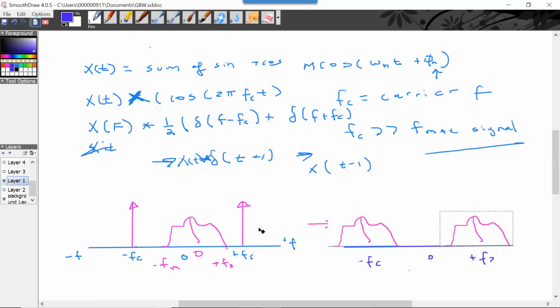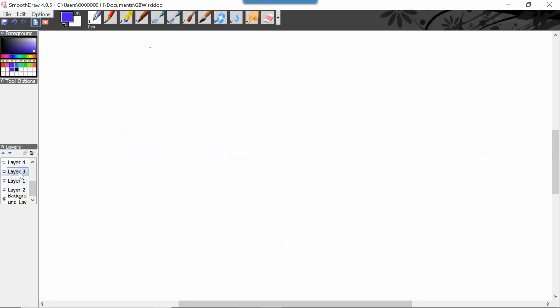And so this is used kind of again and again, where to demodulate, you actually multiply it by the same thing again. Now, the symbol of a modulator is an X, because we're doing a multiply.